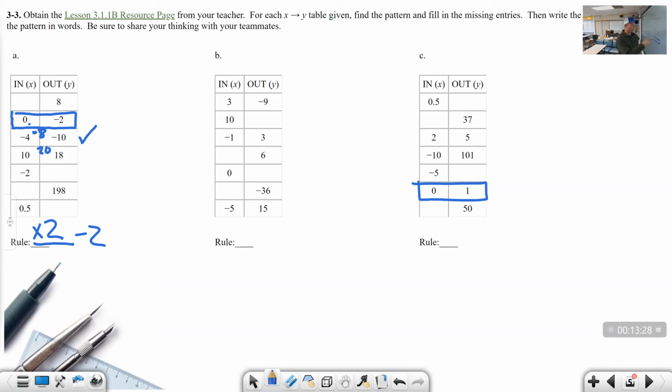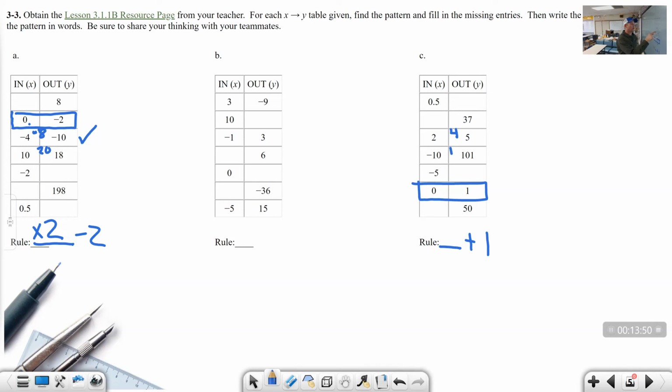Let's go ahead and look at letter C. I notice multiplication has no power over 0. So I'm going to go ahead and know that part of my rule and then add 1. There's only one way to get from 0 to 1. So let's work our way backwards. Instead of adding 1, I subtract 1. 2 times 2 is 4.